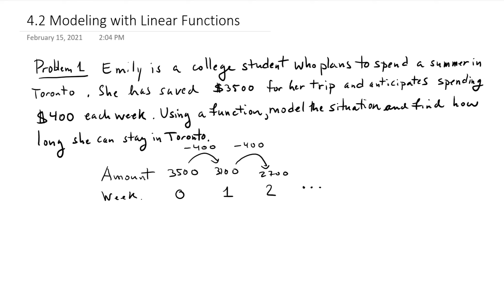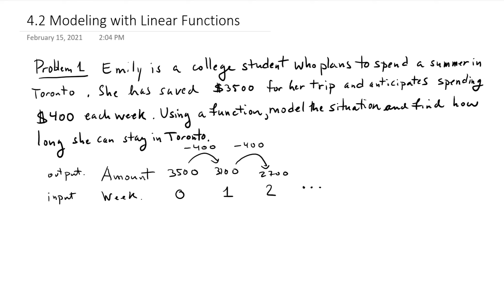You could work the other way around, but I prefer to call this part the input and that part the output. Give me a week, I'll give you how much money she has. And ultimately we want to know how long she can stay, so we want to know during which week the amount of money she has will go down to 0.